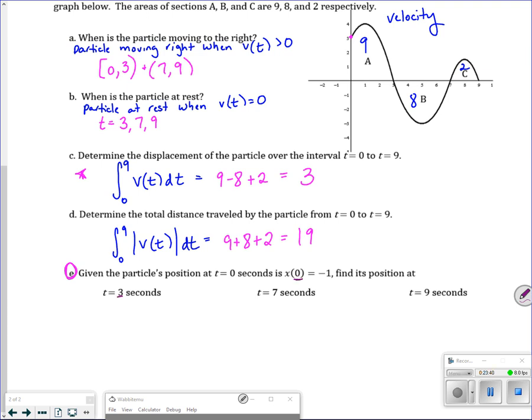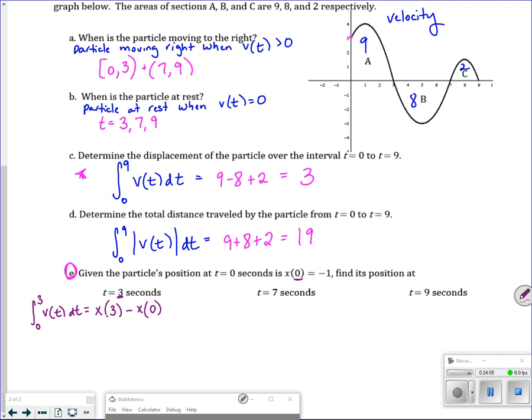I have 0 and 3. So if I took the integral from 0 to 3 of velocity, what would that be equal to? Well, the antiderivative of velocity is position. I'm going to use x because that's what they did. I would take x of 3 minus x of 0.